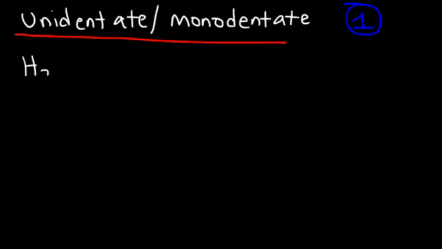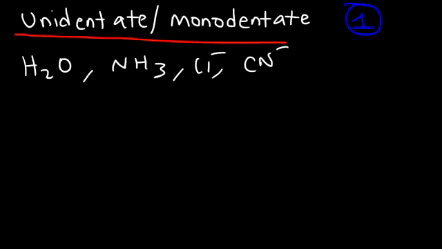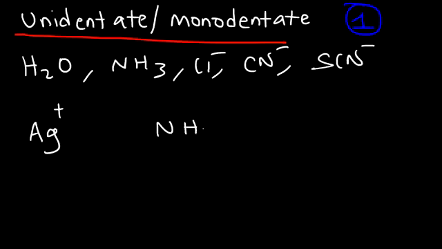Some good examples of these types of ligands are water, ammonia, chloride, cyanide, thiocyanate, just to name a few. In the case of ammonia, it has one lone pair, and so it can only form one interaction per molecule with a transition metal ion.